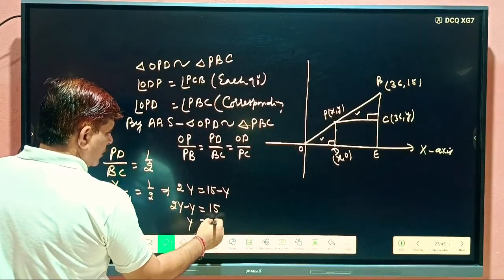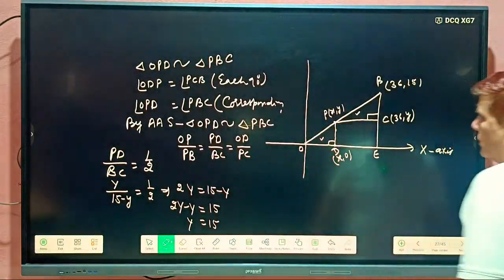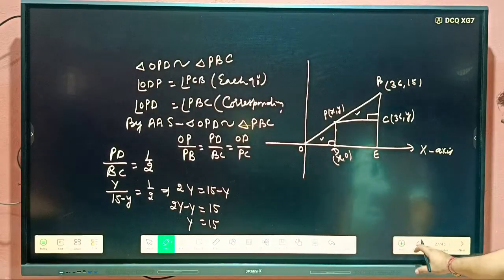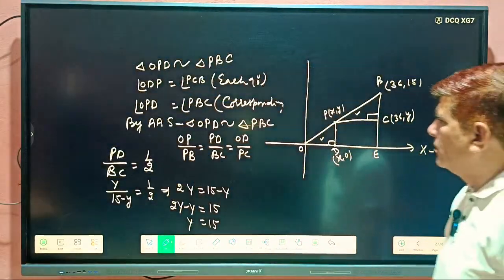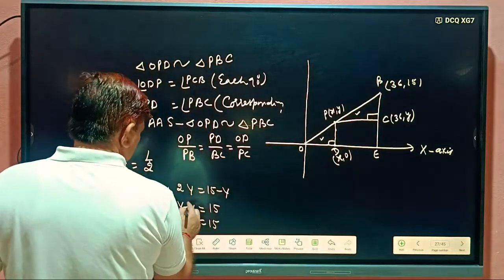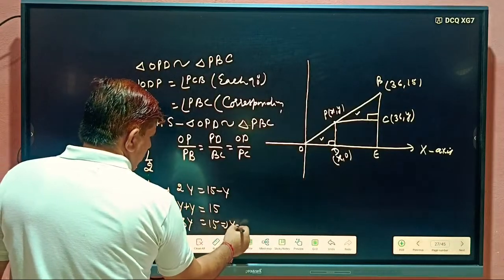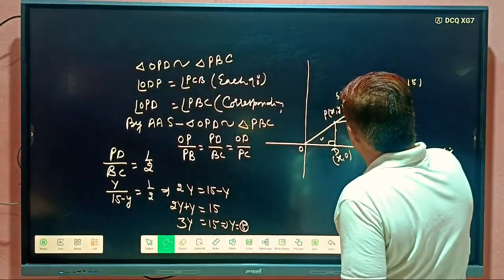So 3y equals 15, and this implies y equal to 5. Understood? So one coordinate, y, is 5 here.